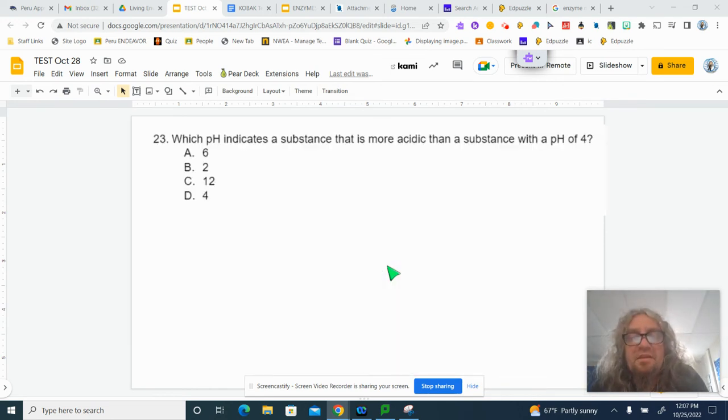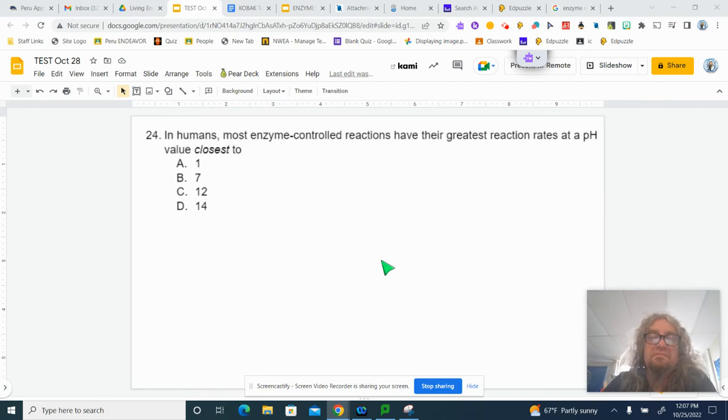23. Which pH indicates a substance that is more acidic than a substance with a pH of 4? A, 6, B, 2, C, 12, D, 4. 24. In humans, most enzyme-controlled reactions have their greatest reaction rates at a pH closest to A, 1, B, 7, C, 12, D, 14.